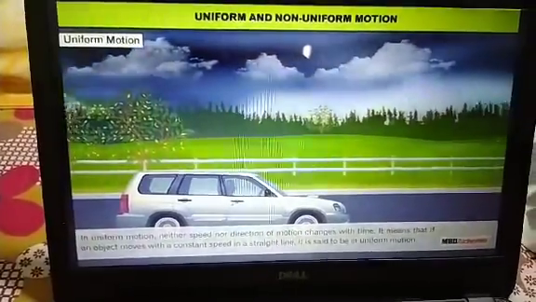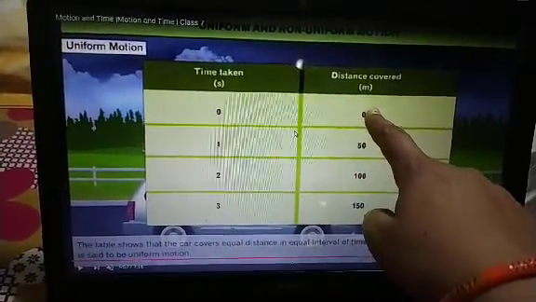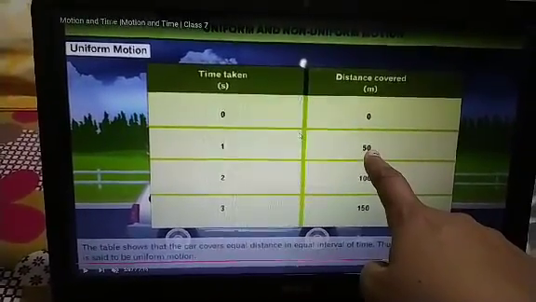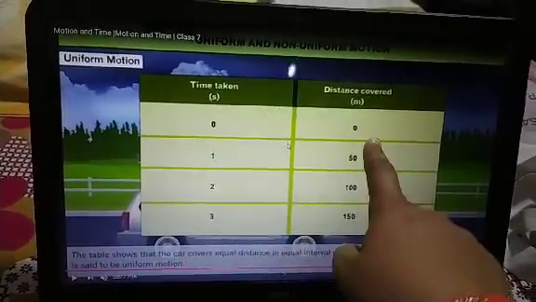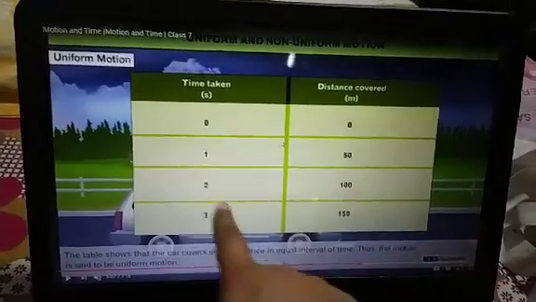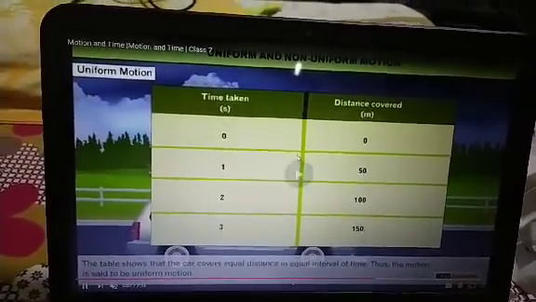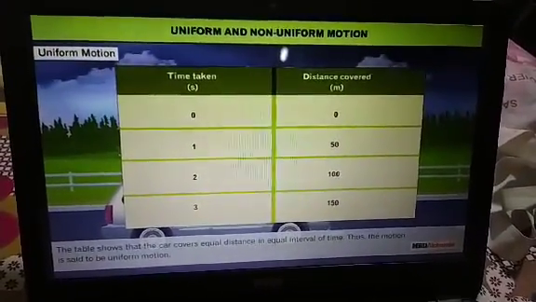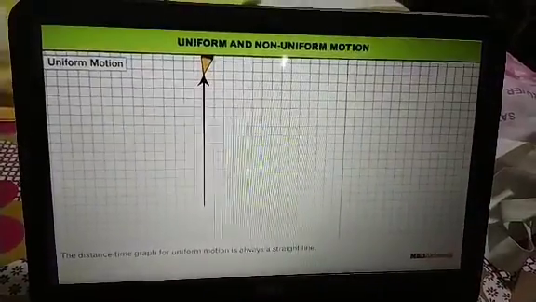Now, just look at this car. This is covering equal distance in equal interval of time. See, at 0 time it was at rest, no distance was covered. After 1 second, it covered 50 meter. Again 1 second was added, so it again covered 50. Again added, so 50 more added makes it 150. So if we draw the graph, then what will we get? Just look at it.